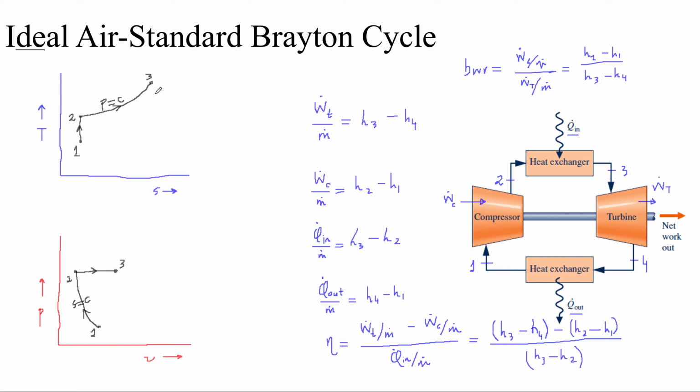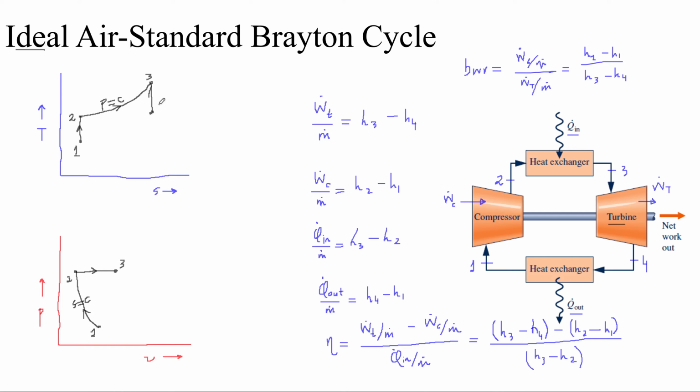And now 3 to 4 is happening across the turbine. So what happens across the turbine? Expansion takes place. And this expansion, for it to be ideal, has to be isentropic as well. So for it to be isentropic, it has to be a vertical line on the TS diagram, and that's going to look something like this.